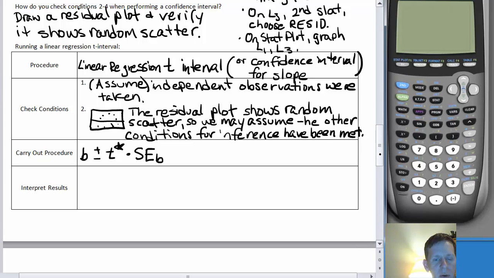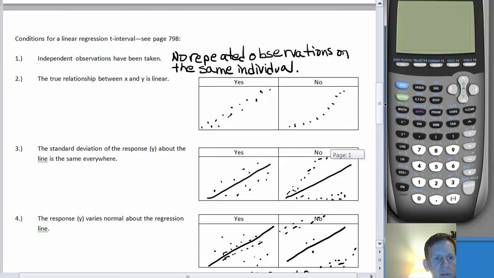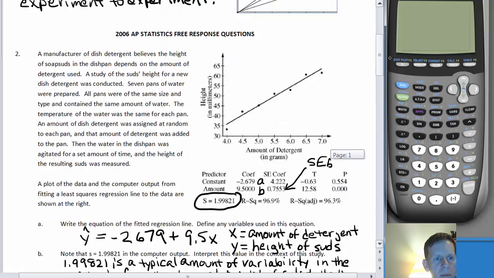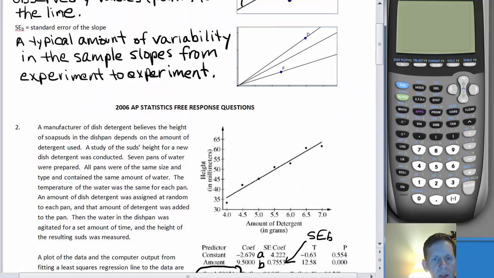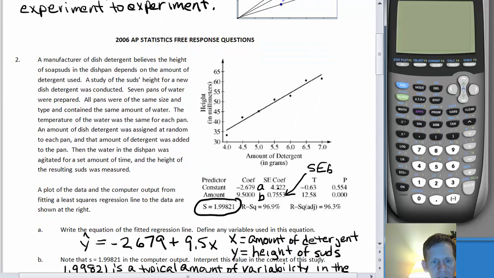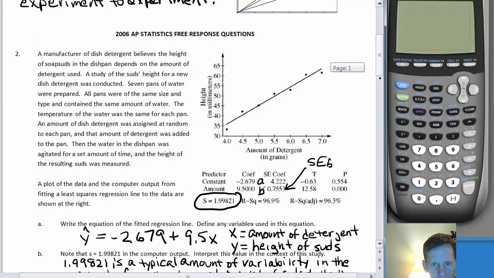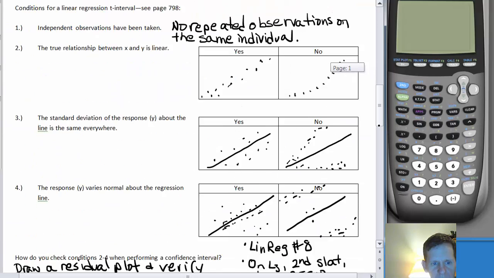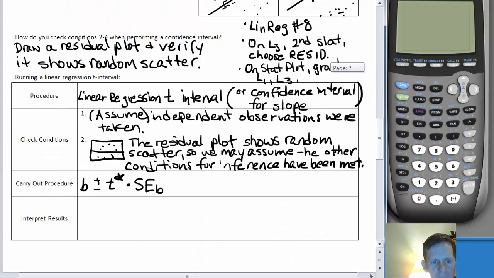We talked about this value on the front of your worksheet. SEb refers to the standard error of the slope. And you can find it in your second column, second row, this value here that's next to the slope. And that's all your formula. Just little b plus or minus t star times SEb.